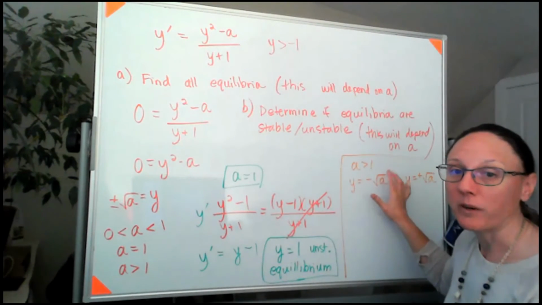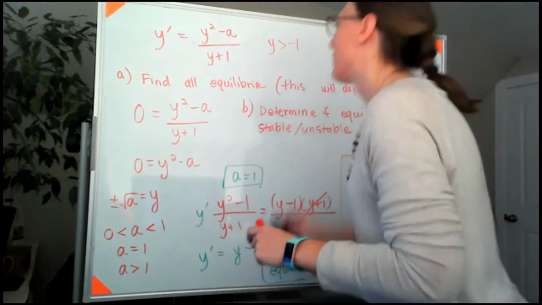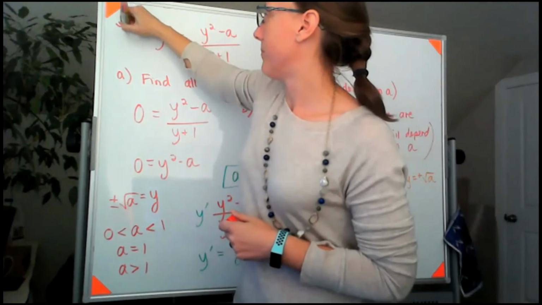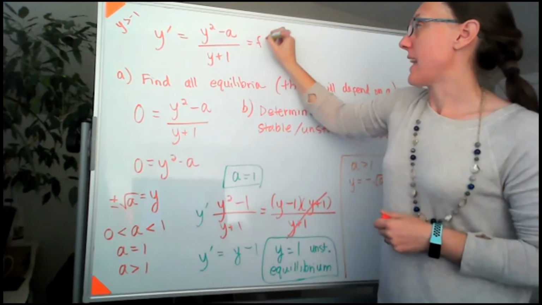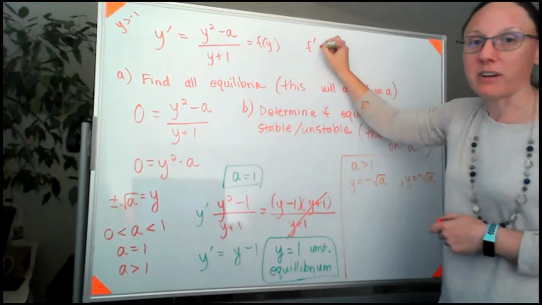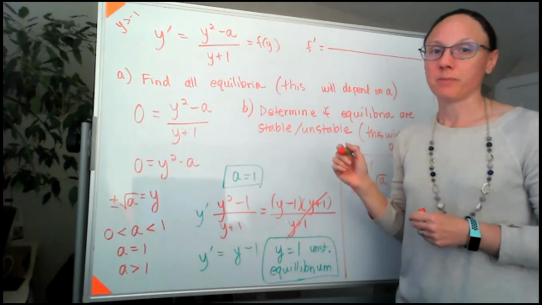I also want to point out that if a is, well, no, we'll go back. We'll deal with that in a second. So we know that y is greater than -1. And if I call this f of y, and we go to take the derivative, I'm looking at a little bit of quotient rule.